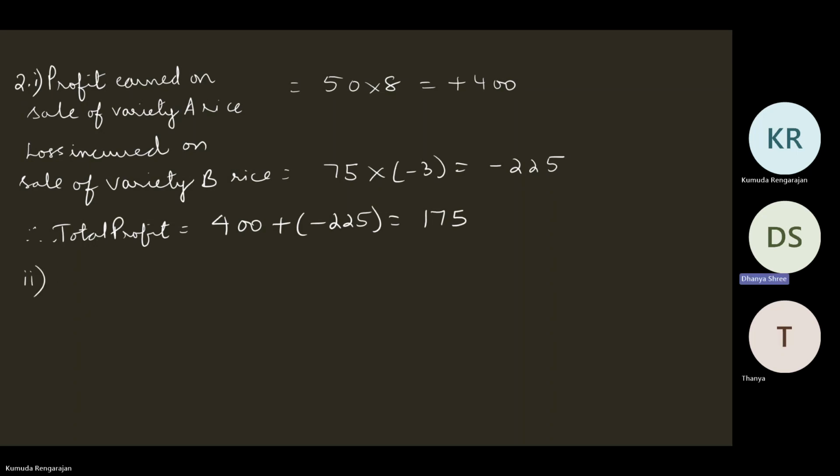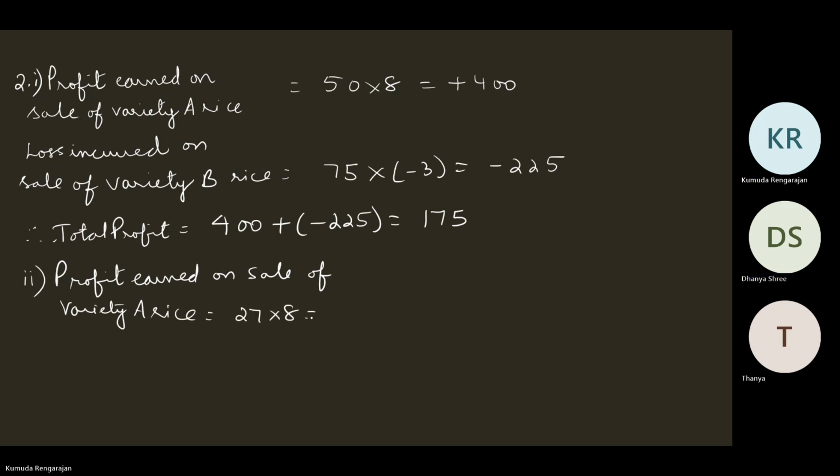The kg of variety A sold is 27 kgs. Okay, we'll write it like this: profit earned on sale of variety A rice. Tell me. 27 into 8, which is 216.